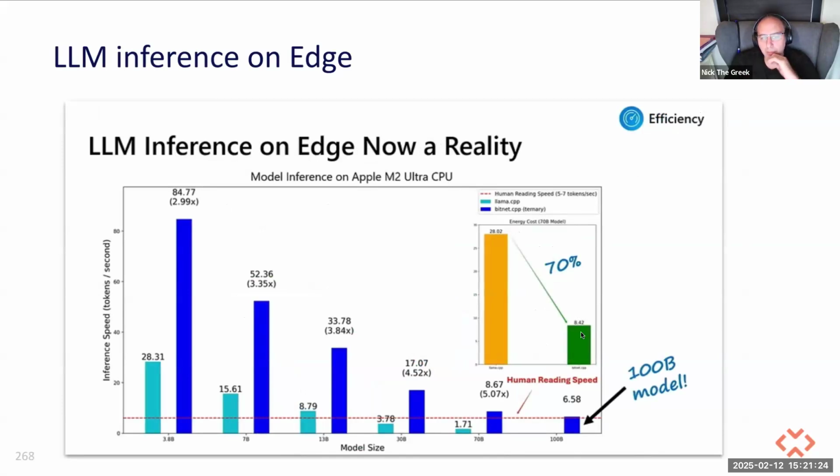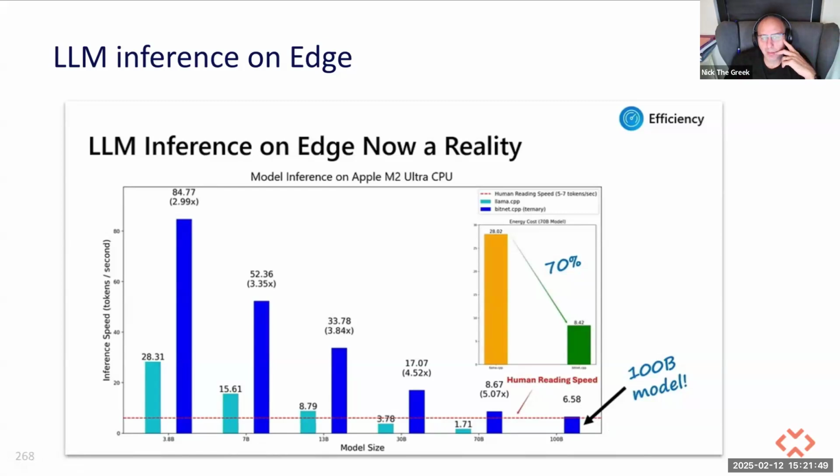The energy cost is 70% down, and the inference speed, tokens per second, is pretty high. This curve, the red one, is human reading speed, which basically means that you can have 100 billion, which is quite a big model, generating tokens at the rate that you can read. So you make it real time, basically.